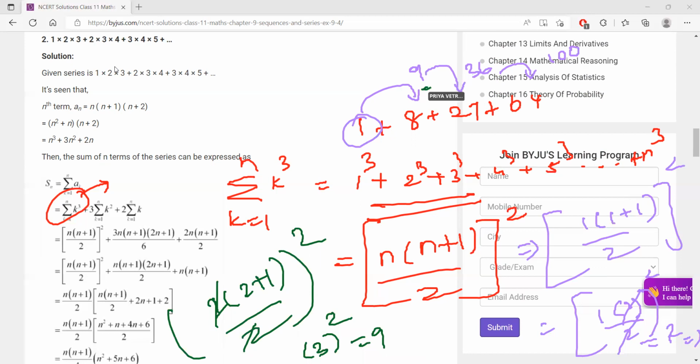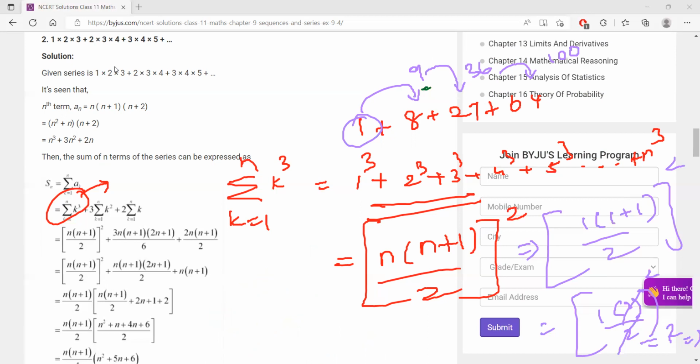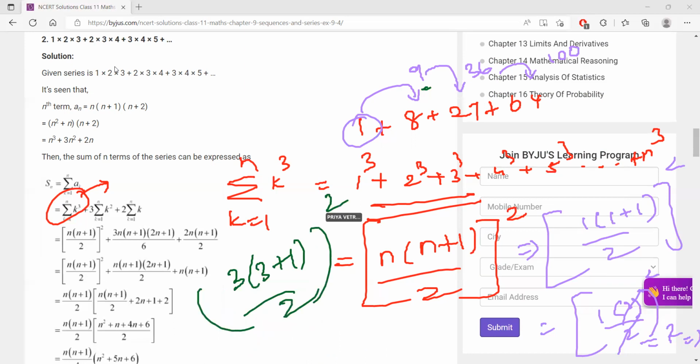So when you substitute 3, you have to get the result as 36. So let's see whether we are getting that or not. So when you substitute 3, what happens? 3 into 3 plus 1 by 2 the whole square. So it's 3 into 4 divided by 2 the whole square.